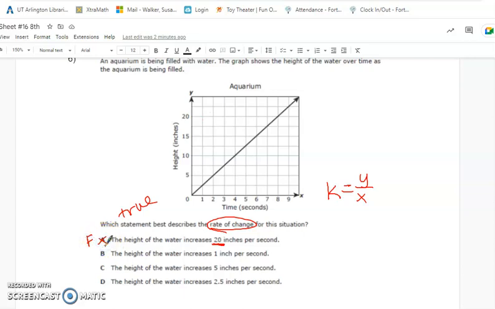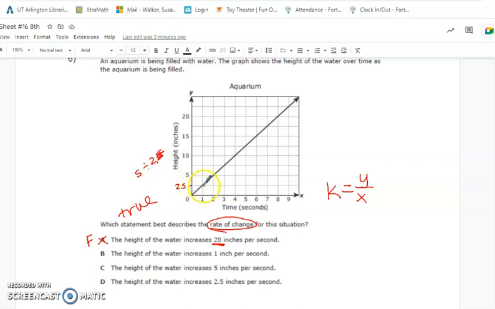And then B says the height of the water increases 1 inch per second. So if I look here, half of that would be 2.5. If you don't know that, put in your calculator 5 divided by 2 and you'll get 2.5. That's in the middle.